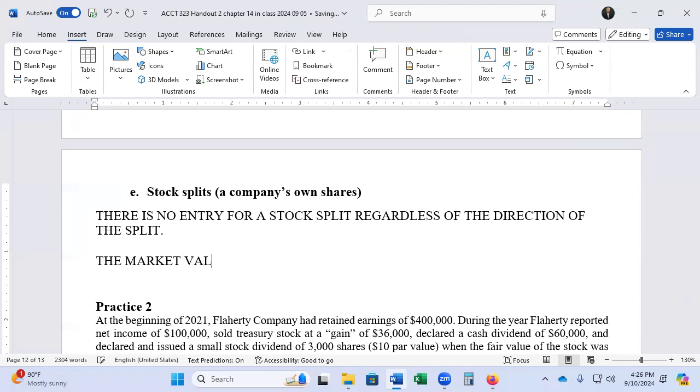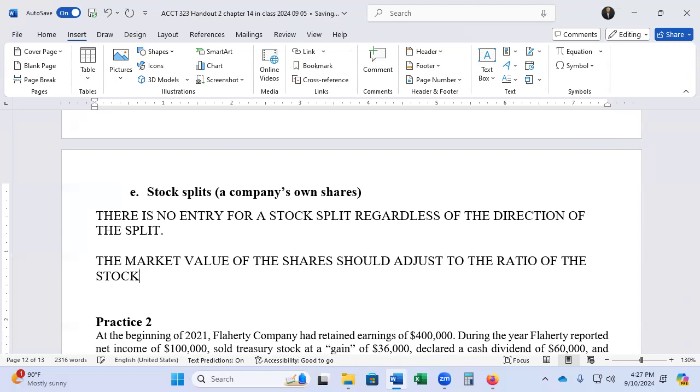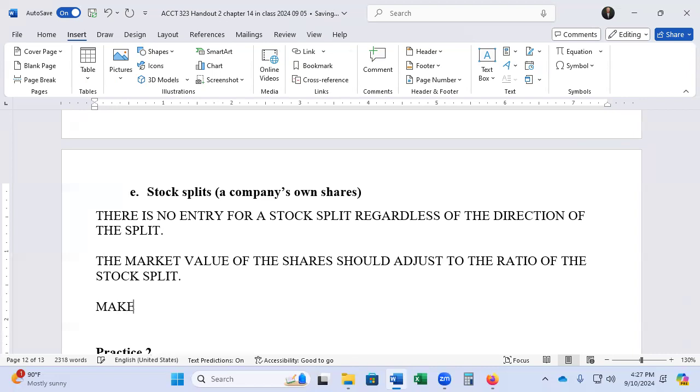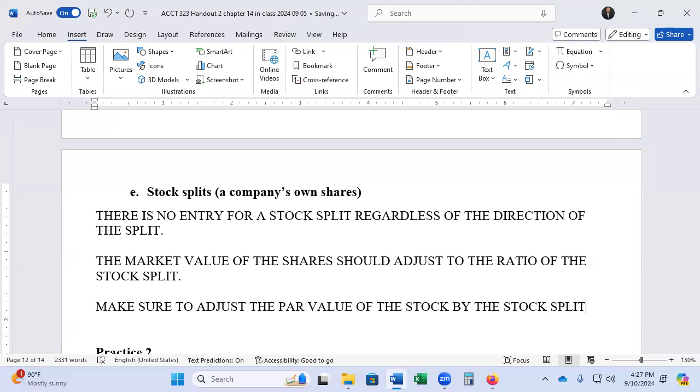The market value of the shares should adjust to the ratio of the stock split. And also make sure to adjust the par value of the stock by the stock split too. Shares outstanding, etc.